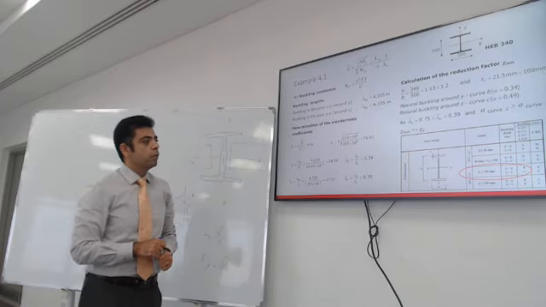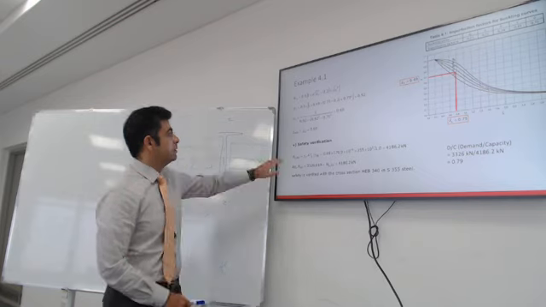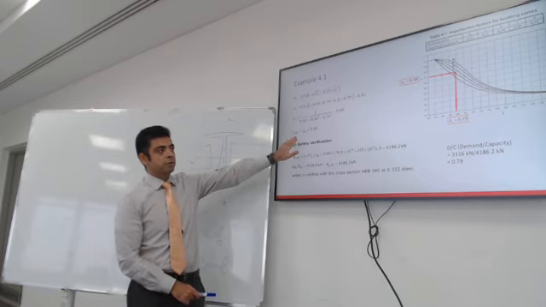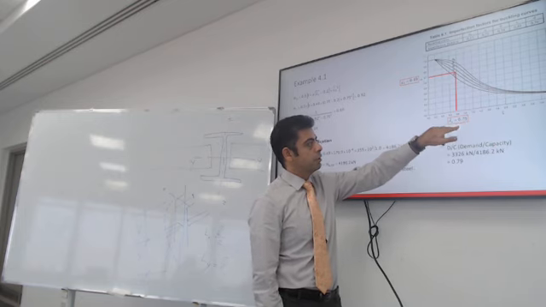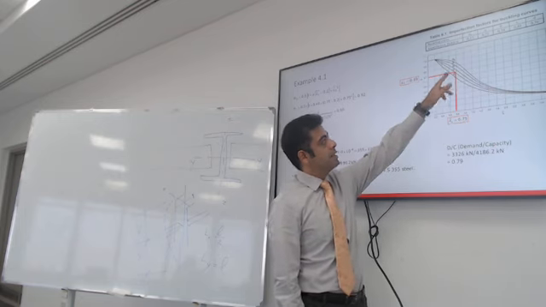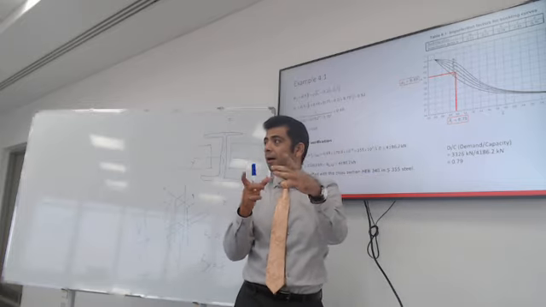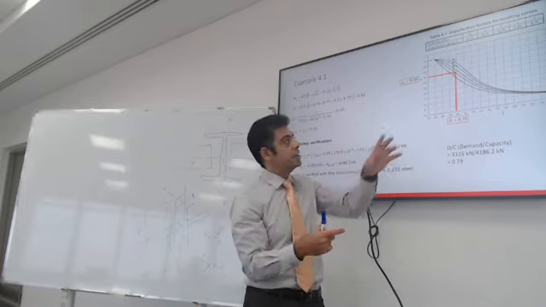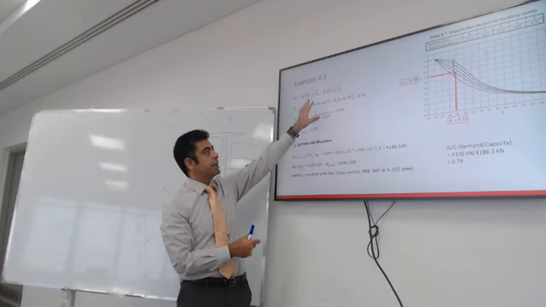When we go through all of these steps, we are ready to calculate the reduction factor. So I'm going to use the non-dimensional slenderness ratio and hit the buckling curve, depending on the geometry of the cross section, and get the reduction factor, which is something we can actually calculate from the equation.